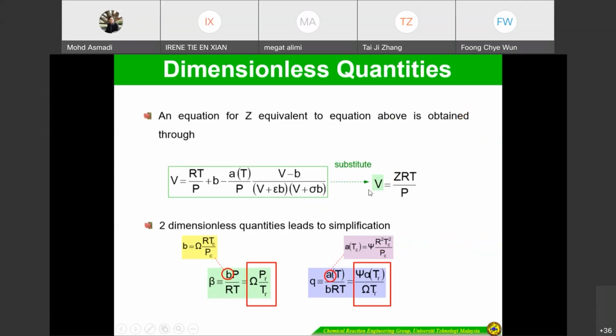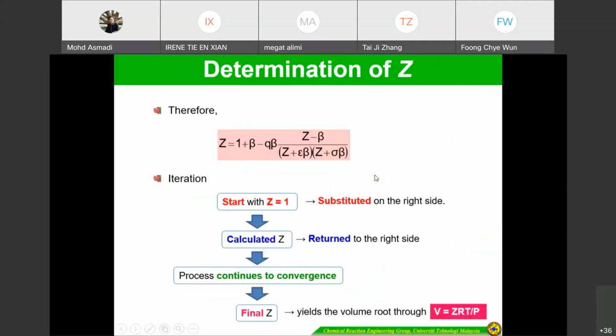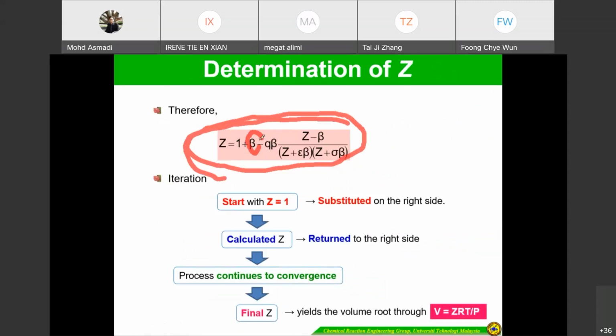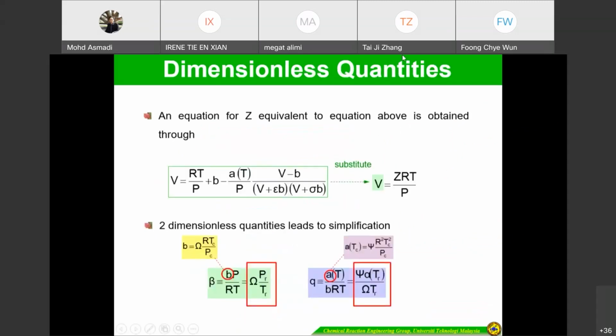Okay. And then for the generic cubic equations, the important equation that you can use actually is this one. Okay, this is for Z lah. How to determine Z, and to calculate beta and also q. So you have to refer to this equation.